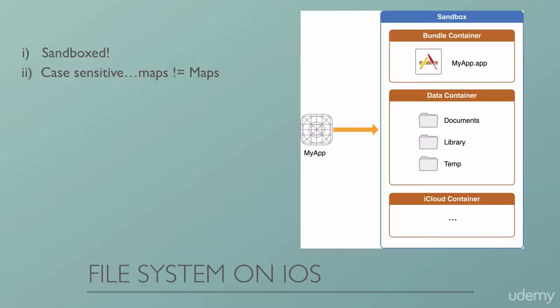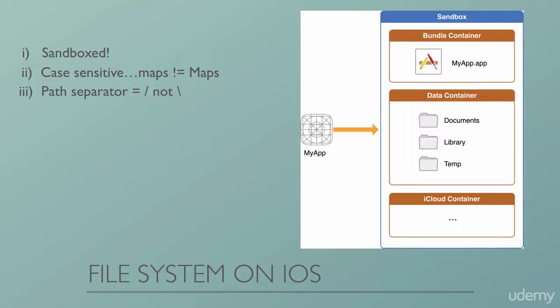You have to get the case right. Now there's another little gotcha here, is that if you get the case wrong on the simulator, there won't be a crash. But if you get it wrong on a device, there will be an exception thrown. So just be aware of that, and always, of course, test your app on a real device.